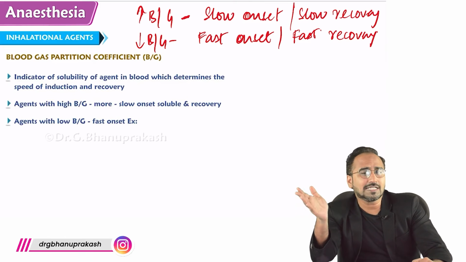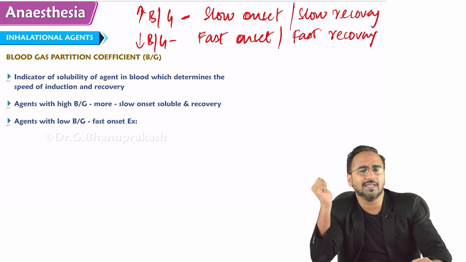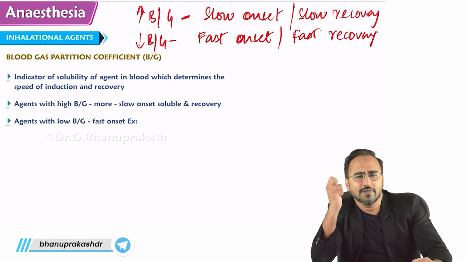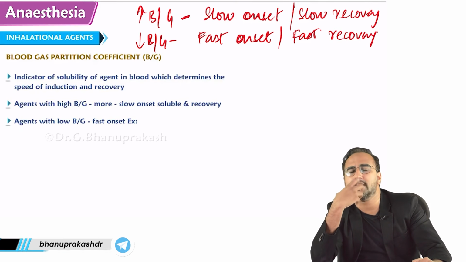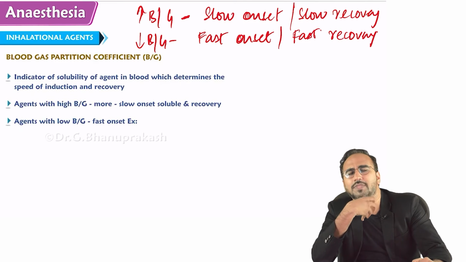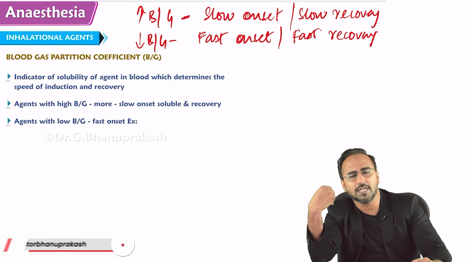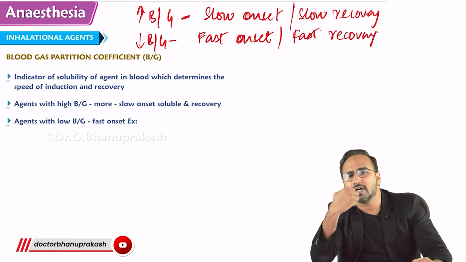But there are some inhalational agents which are having high blood gas solubility. What does high blood gas solubility mean? Those agents, when given to the patient, will go from the lungs into the blood. From there it has to go to the brain. But high blood gas means they will be highly soluble in the blood.